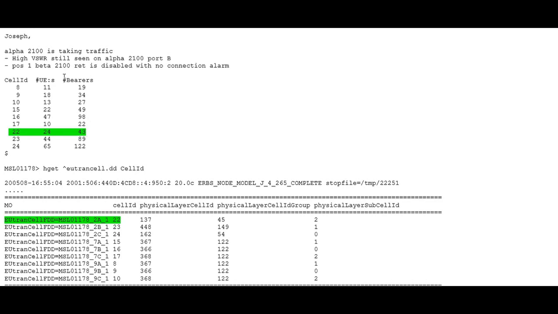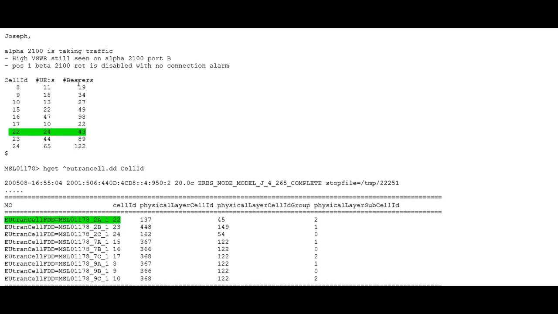Coincidentally, the bearers are like kind of channels or tunnels used inside the frequency. Just for your own knowledge here, each frequency is broken down.